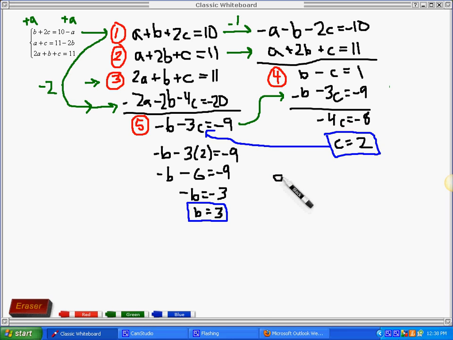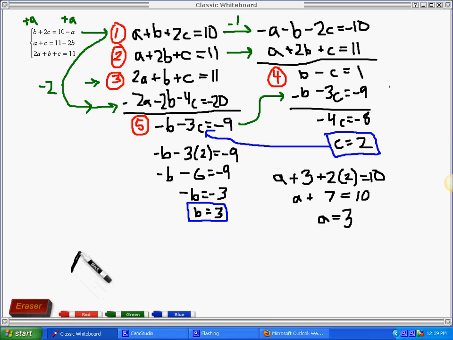I get a plus b, but b is 3, plus 2c, but c is 2, so I end up with 2 times 2, and that's equal to 10. Okay, and now we can do some simplifying on the left here. 2 times 2 is 4, plus 3 is 7. So I have a plus 7 equals 10. And then if I subtract 7 from both sides, I get a equals 3.